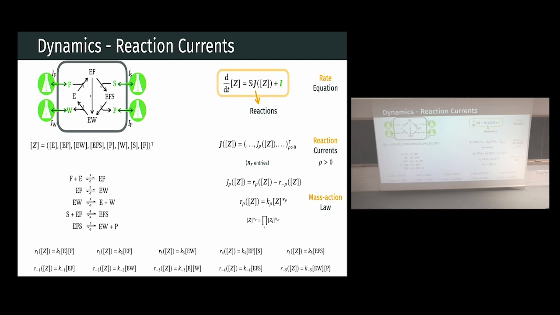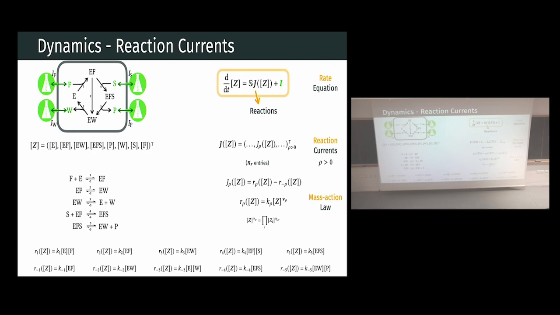So for each reaction, you have a flux going in one direction, and then you have a flux going in the backward direction, telling you how many times the forward reaction occurs and how many times the backward reaction occurs. The difference gives you the net current of the reaction, this J rho, okay? And the vector J collects all the currents for all reactions.